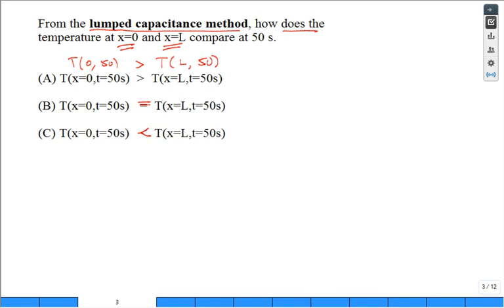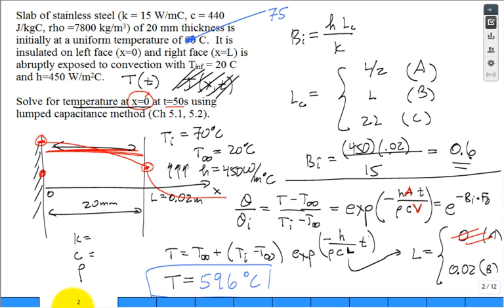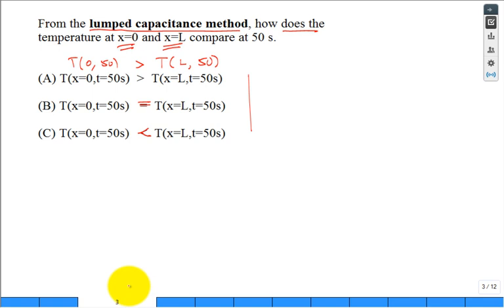All right, so this question really was a restatement of what I had in red right here, right? So we back up and we look at this question again. From the, what is in bold there? From the lumped capacitance method.